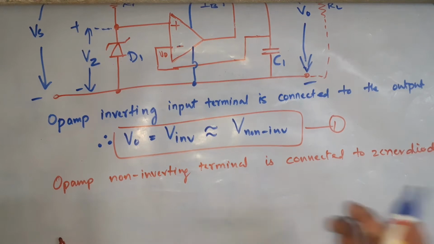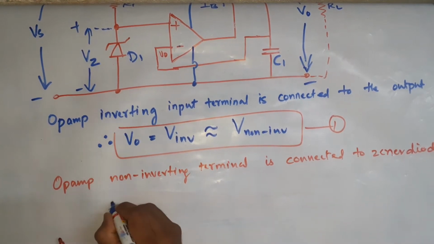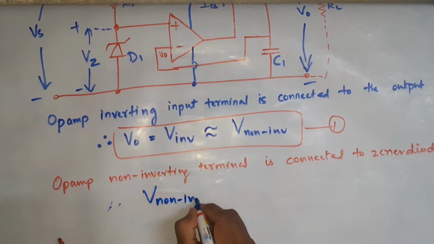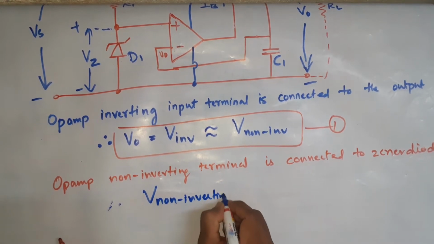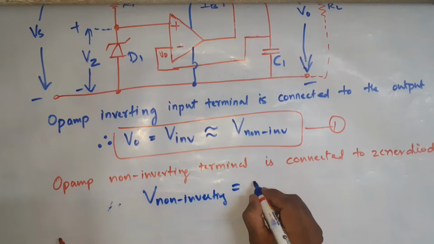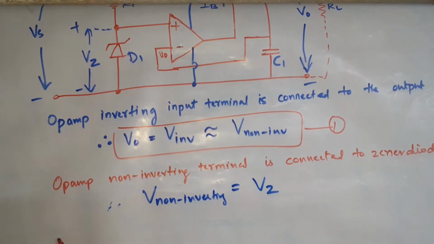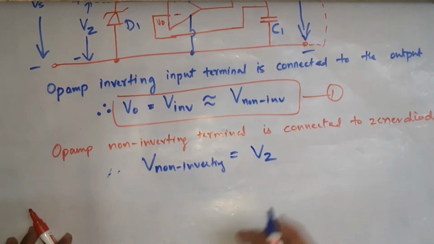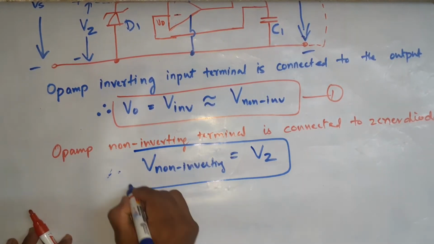So I can write that V non-inverting voltage is also equal to Vz. Vz is our voltage across the Zener diode.